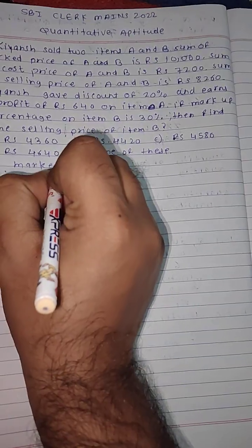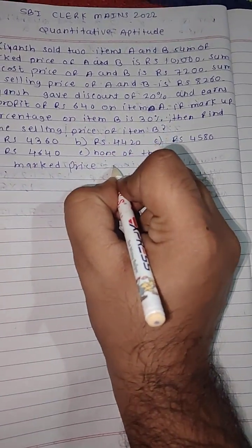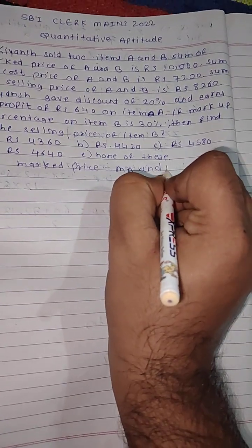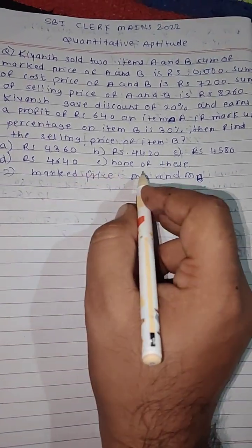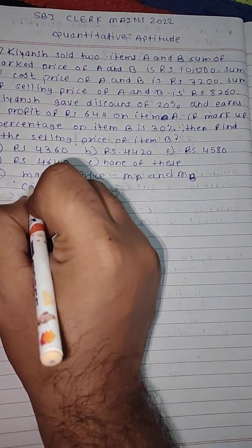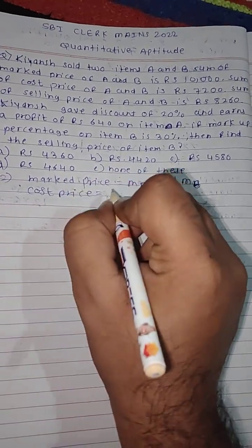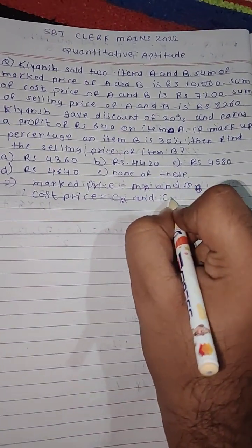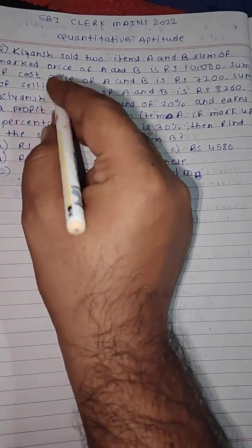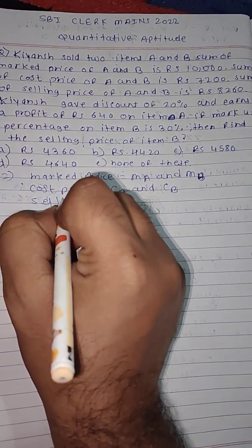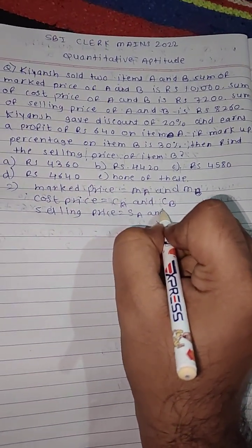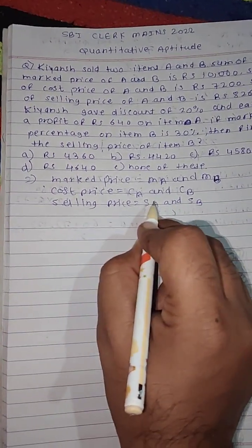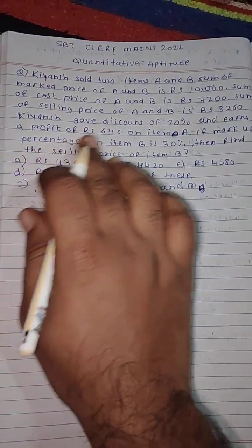So we will consider market price as MA and MB: MA for item A and MB for item B. Next is cost price, which we can consider CA and CB: CA is for A and CB for B. Next is selling price, SA and SB: SA for A and SB for B. Okay, up to here we just noted.